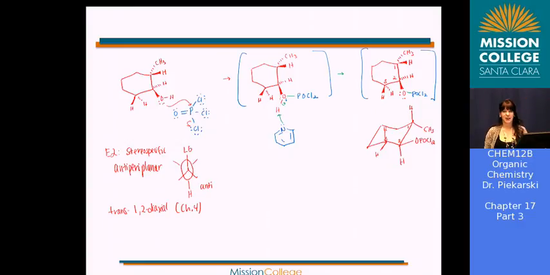Now, I need to be trans 1,2 diaxial. And right now, is this in the axial position? No. So what should I do? I need to ring flip, right? So let's go ahead and ring flip it. And remember when I did that, this top part here, the nose of your dog, becomes the tail.